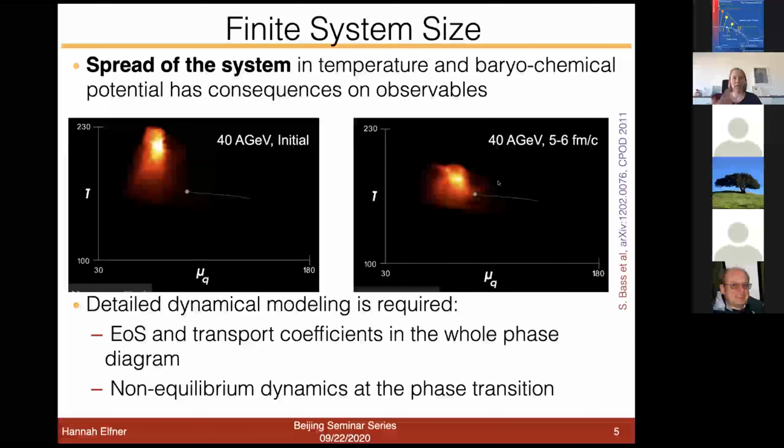So for any detailed dynamical modeling, one needs the equation of state in the whole plane, as you can imagine, and one needs also transport coefficients and their dependencies in the whole phase diagram, which is rather challenging in the end, if you really want to include all these different things. And of course, eventually one wants to also cope with the non-equilibrium dynamics at the phase transition.